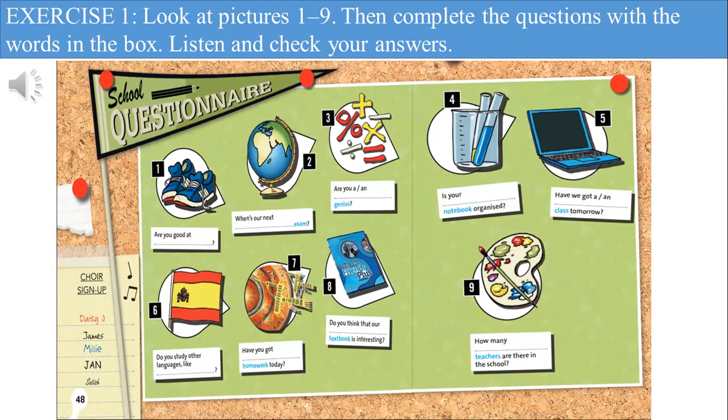Have we got an ICT class tomorrow? 6. Do you study other languages like Spanish? 7. Have you got history homework today? 8. Do you think that our English textbook is interesting? 9. How many art teachers are there in the school?